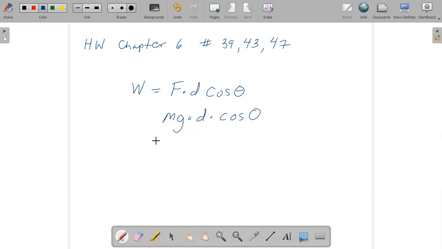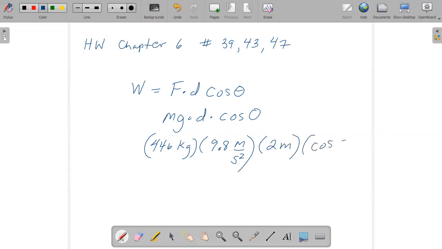So we get 446 kg times 9.8 meters per second squared times 2 meters times cos 0, which is going to give us 8,700 joules. That was 39.